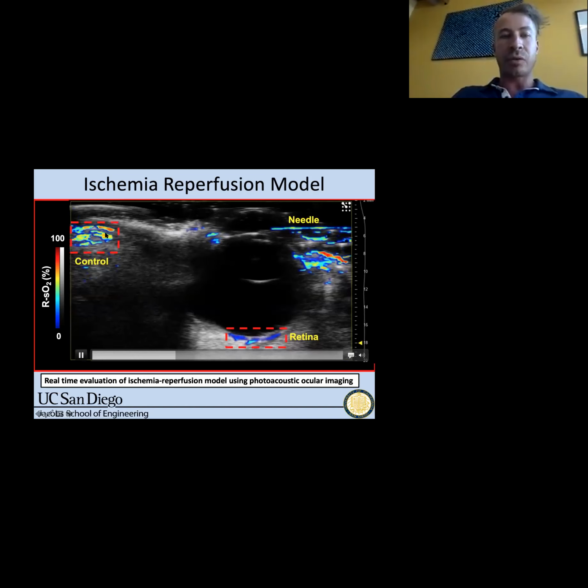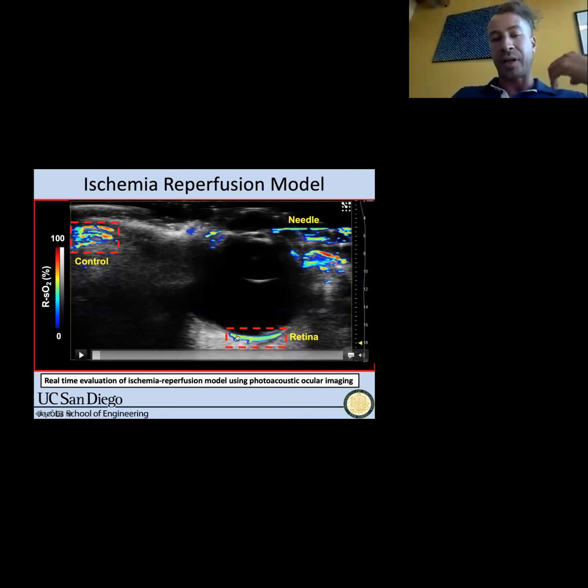This is a control area that shouldn't be affected. This is, I think, just an adjacent blood vessel. Here's the eye. When we start, we have normal oxygenation. The rabbit is on room air the entire time. But keep your eye on the retina.